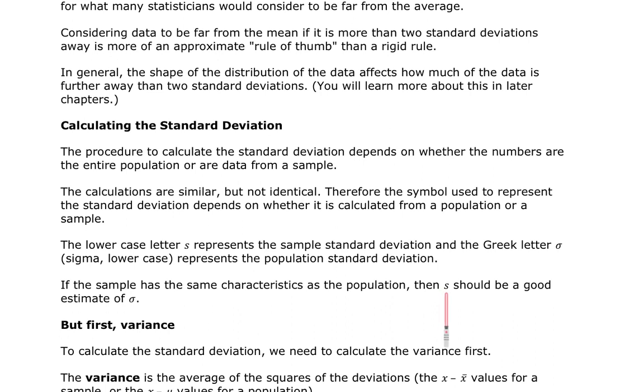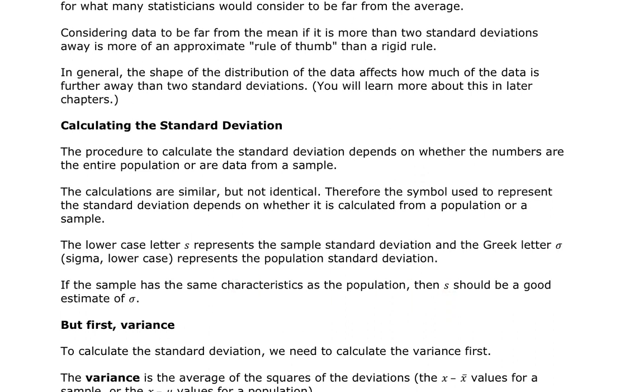Here, S is going to represent the sample standard deviation, and this sigma, this funky looking O with a line on it, sigma is going to represent the population standard deviation. So sigma for population, S for sample.